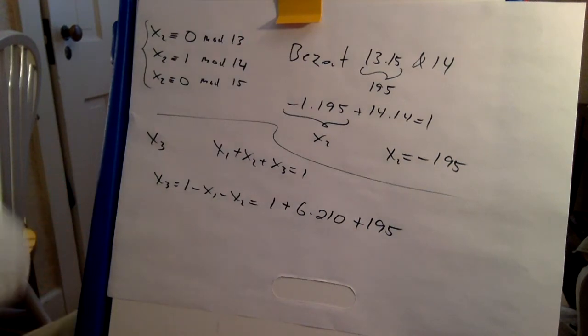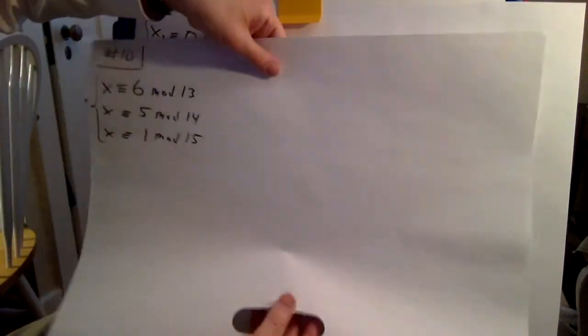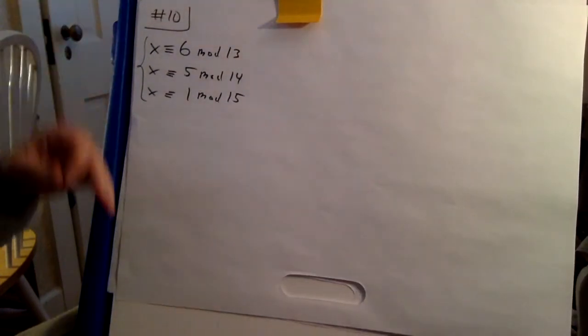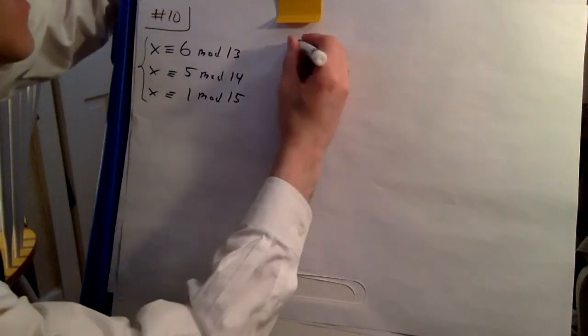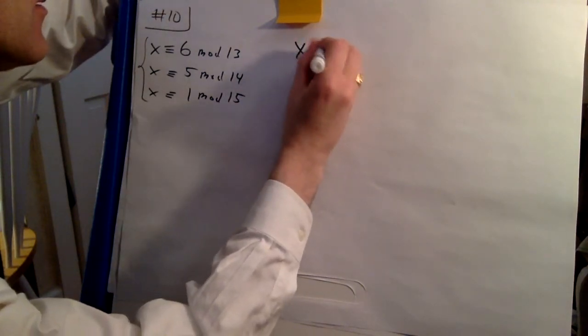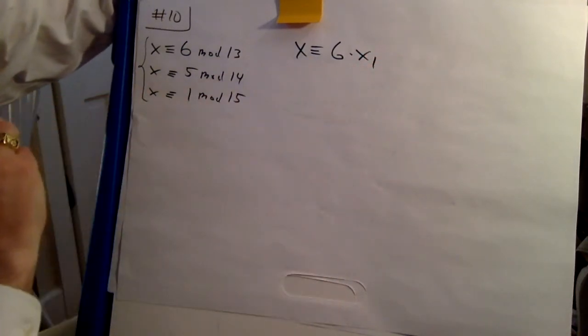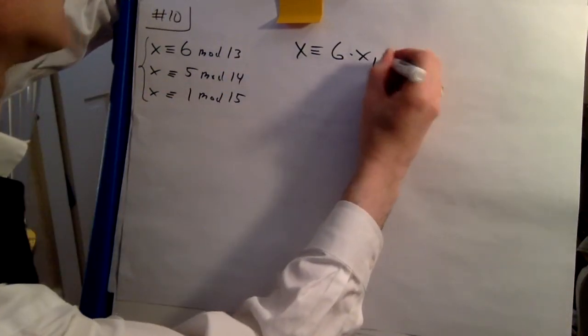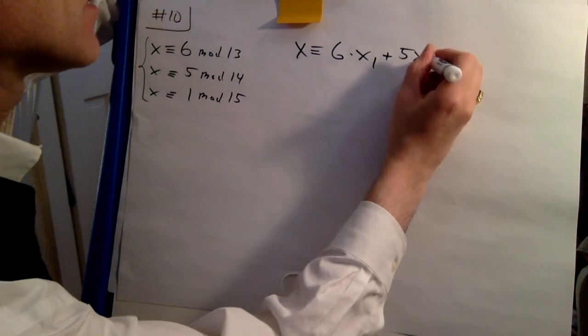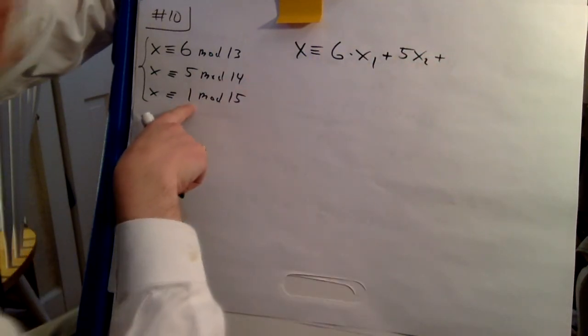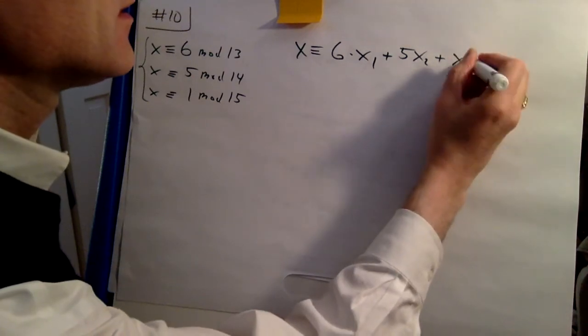Now we can go back to the system we want to solve here. And now we know that x is congruent to 6 times x1 plus 5 times x2 plus 1, I don't have to write the 1, plus x3.